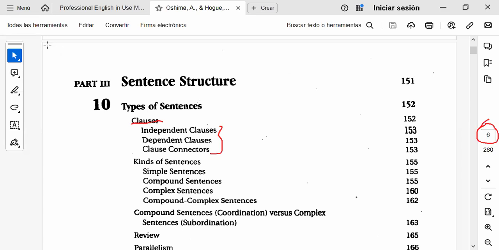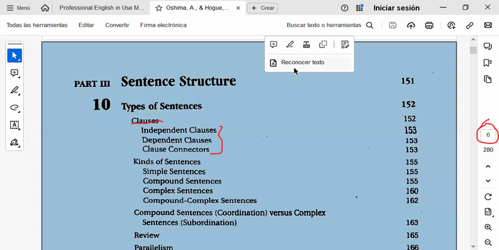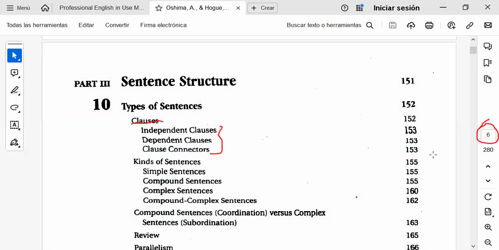This will be for your final report, or graded with your final report, okay? So you are going to read, you're going to study, you have to do the exercises, and I'm going to prepare a quiz just for you to complete your knowledge about these clauses, phrases, and sentences. Okay?